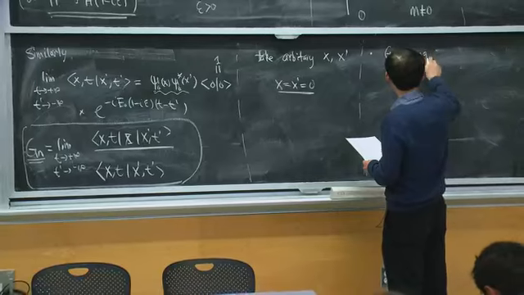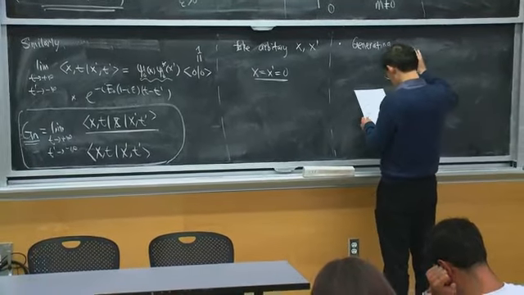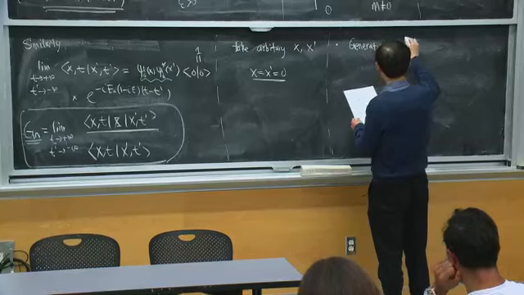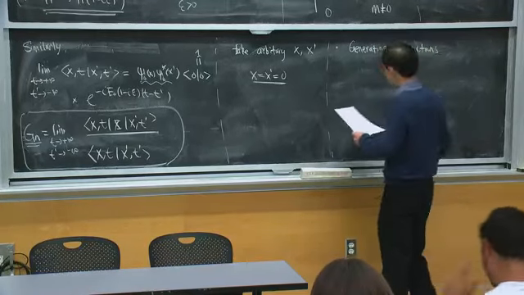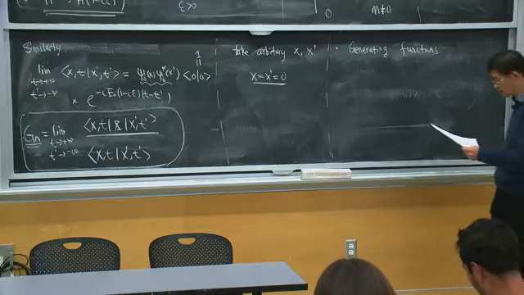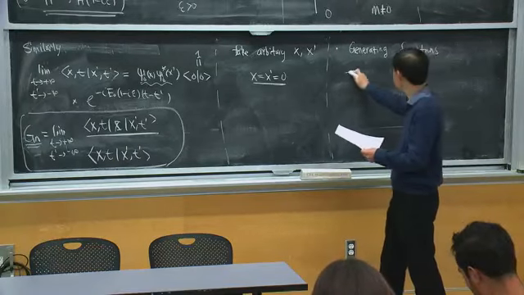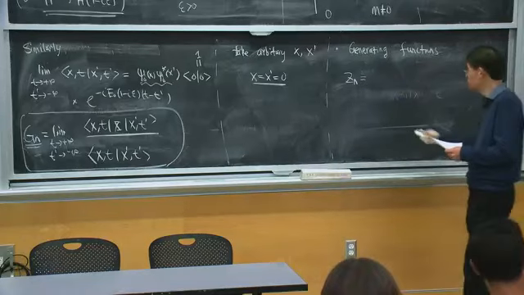Some of you may have seen this, say, in your high school math competition. Suppose we want to do an integral like this. Let's go back to an ordinary integral.